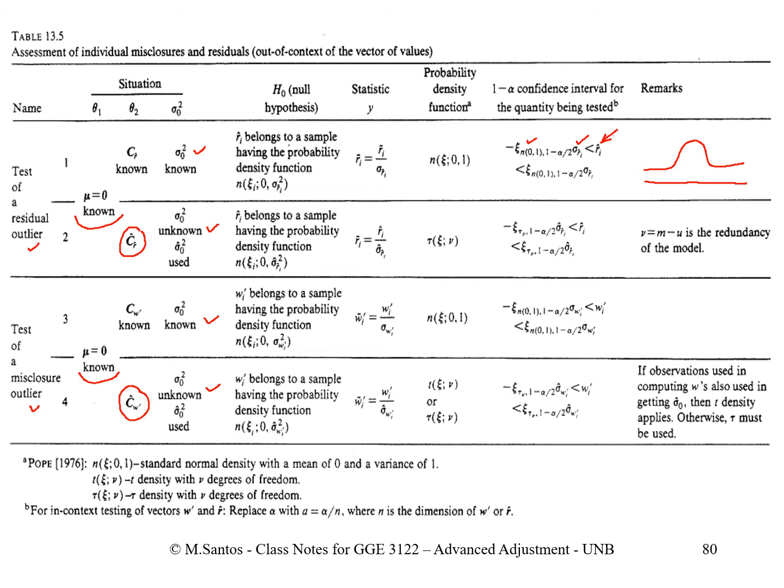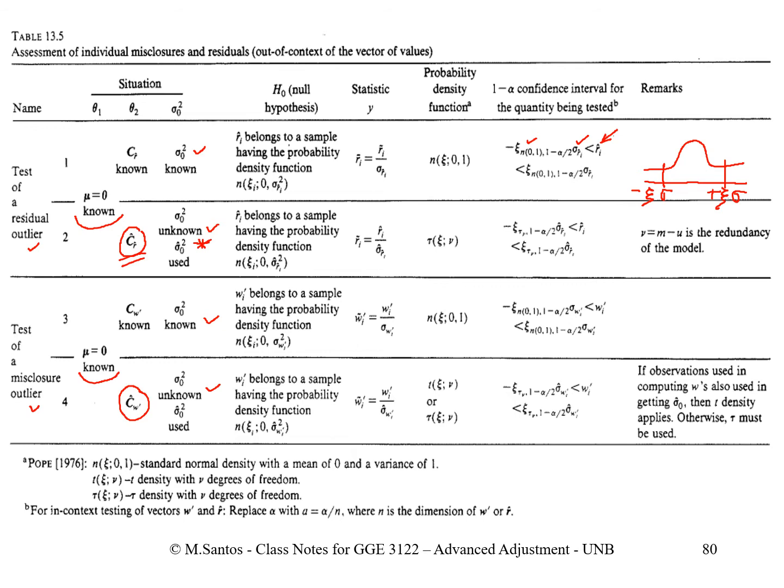This is negative from one side, minus psi sigma in here, and here we have plus psi sigma. If we don't know the a priori variance factor, we are going to scale the covariance matrix. Okay.